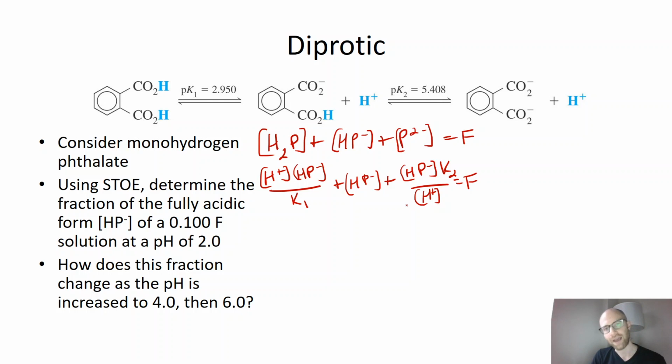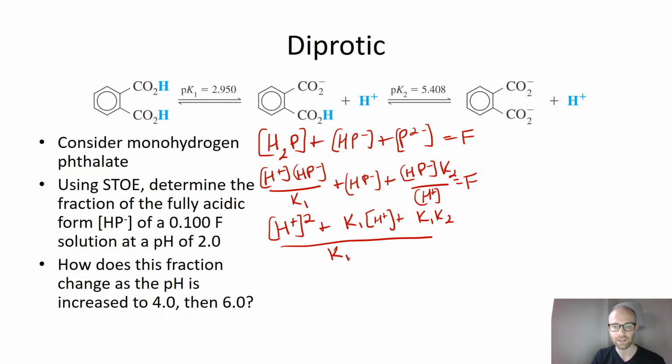So again, we're going to factor out our term, and then we have to put it together, but this time hopefully you can see that the common denominator is actually going to be K1 H plus. So what we should end up with is H plus squared plus K1 times H plus plus K1 K2 divided by K1 H plus is equal to F over HP minus.